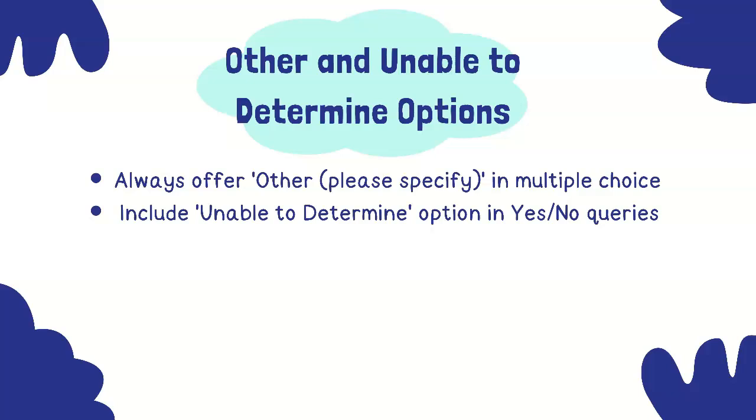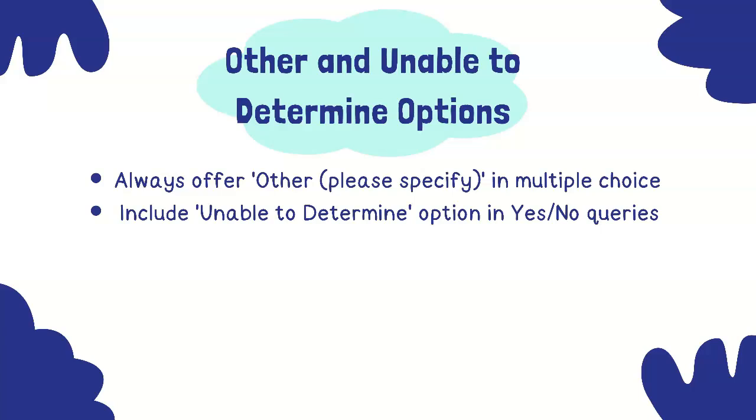Now, in yes no queries, you must offer an unable to determine, recognizing that sometimes they don't know, right? So, including these options protects you against the unintentional steering and leading, and supports the provider having that clinical autonomy.